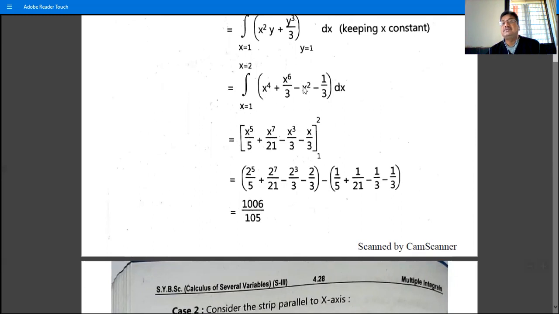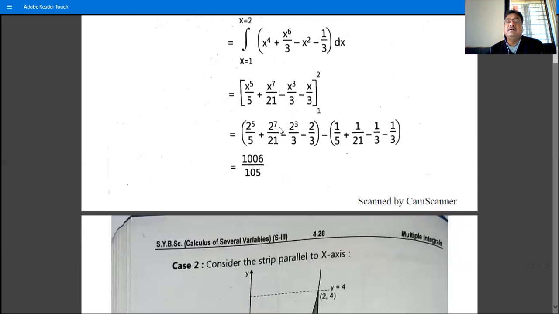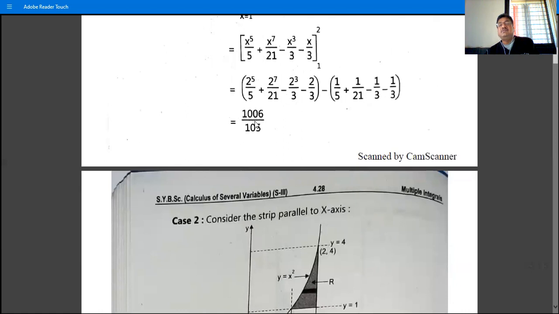Similarly, integration of x raised to 6, x square. 1 by 3 is constant, its integration is 1 by 3 into x, that is x by 3, 1 to 2. Then write the value of x as 2, that is the value at the upper limit. This is the bracket, minus the value of this bracket at the lower limit, that is, substitute x is equal to 1. We have this. After calculating this, we have this answer.